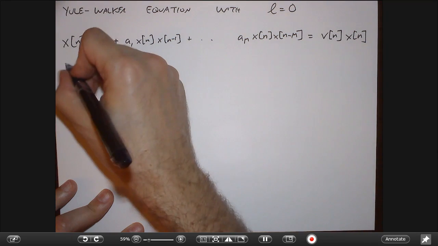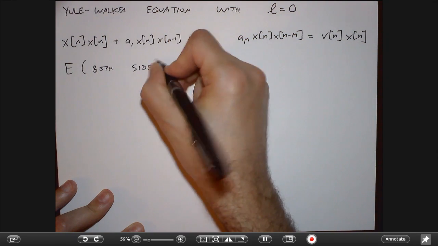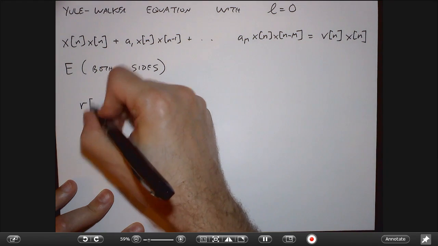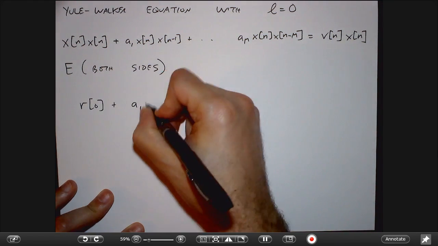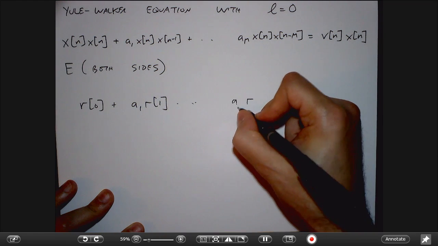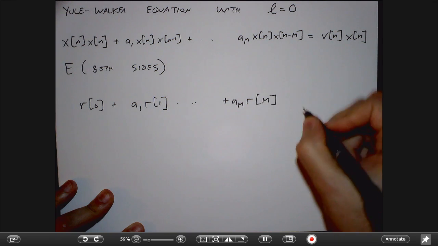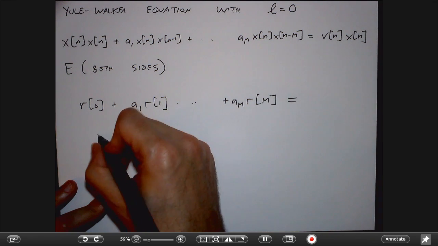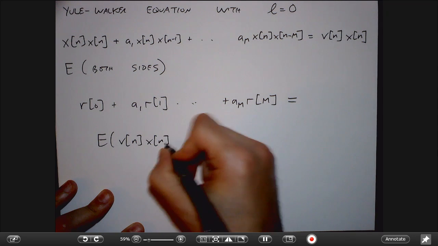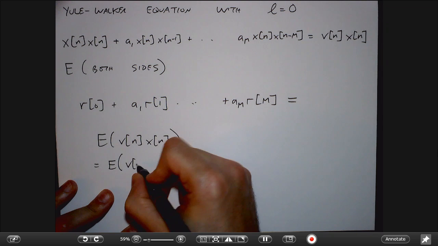So again, if I take the expected value of both sides, this thing is the same as R0, this is the same as R1, this is the same as Rm. And then what is the expected value of this thing? Well, I have to return to how I defined x.